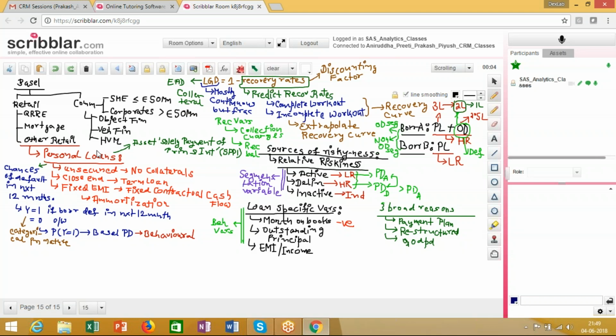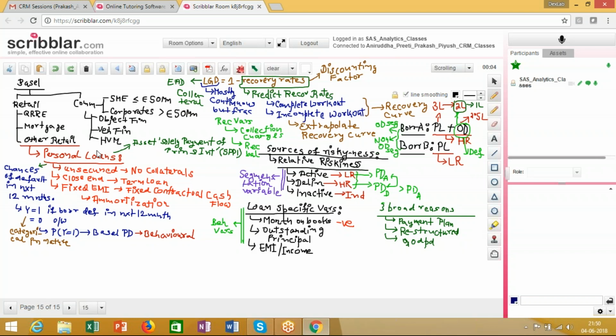The third is the other retail portfolio, which comprises term loan products, which may be unsecured or secured, but have a fixed term. So these are the three broad categories under which your portfolio may be falling.